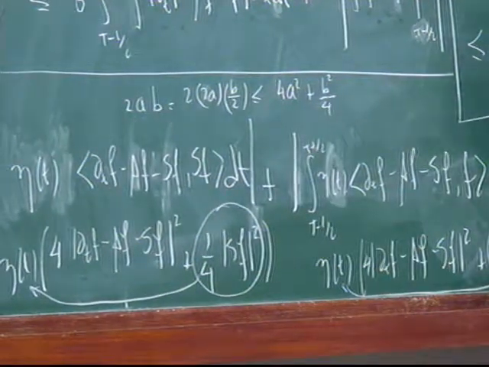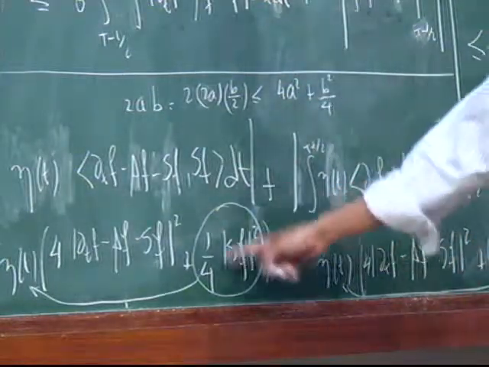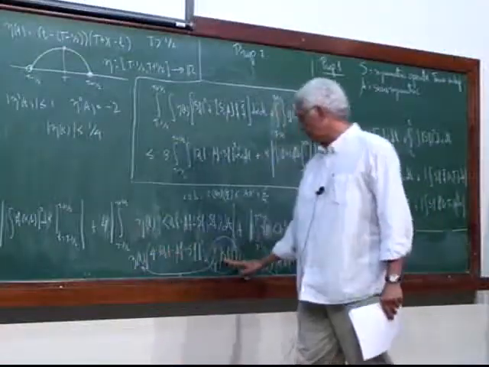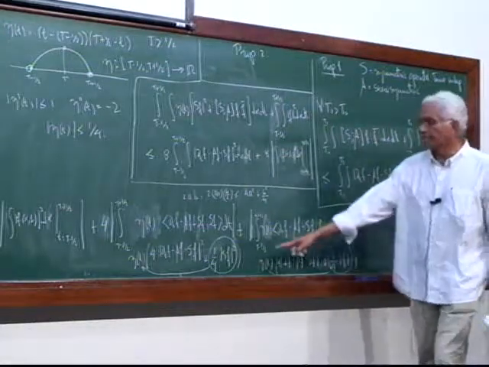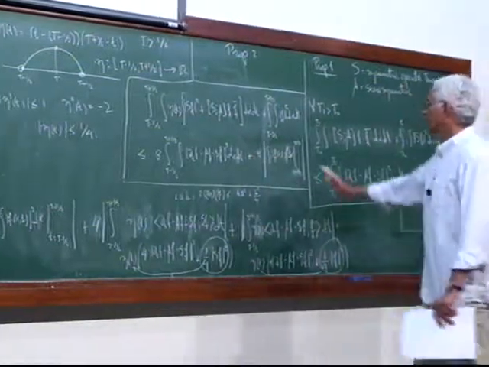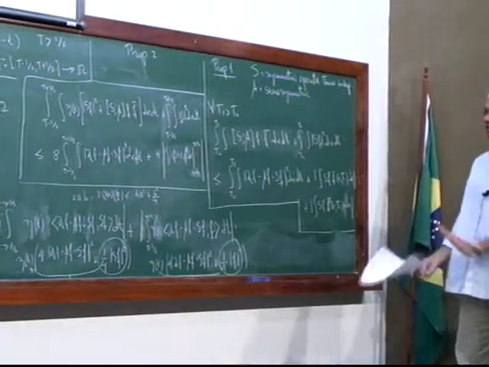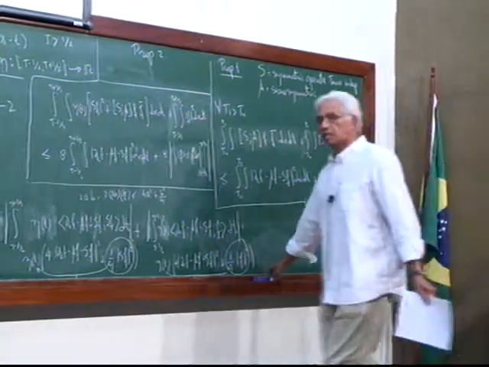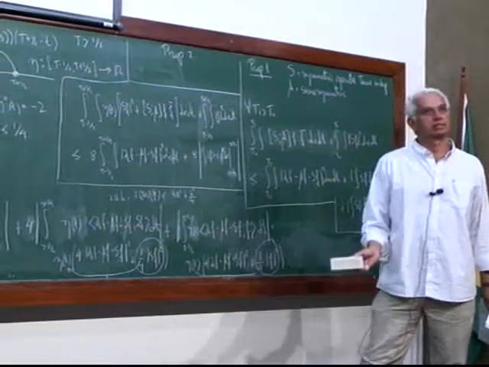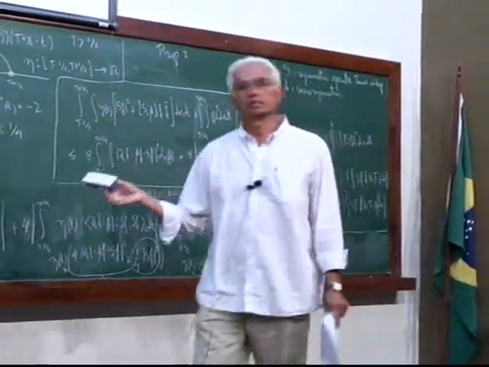And then this part can be absorbed by the other side. This part can be absorbed by the other side. For this one, you preserve the eta. For this one, you don't need the eta, and you have this. Then you have proved this quantity. Nothing deep. There's nothing deep here. Any question? Is this okay?